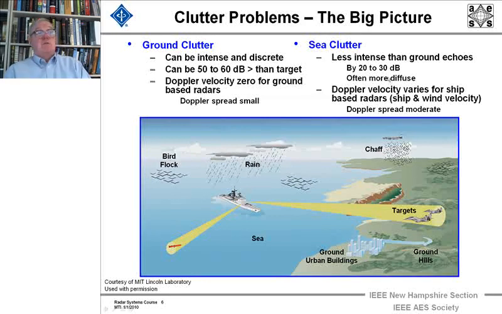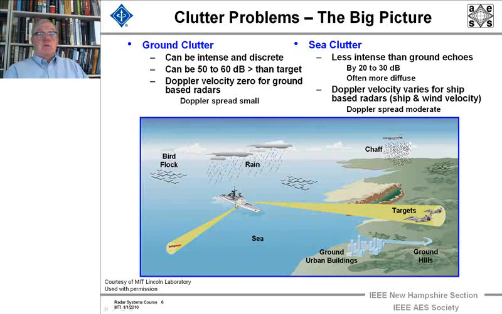We're 5 miles from the coast of New Hampshire, over by the seashore. So we've got 10, 15 miles out to shore. They're going to have some pretty big waves. And Doppler velocity varies for the ship-based radars, because what we're talking about is the relative motion.